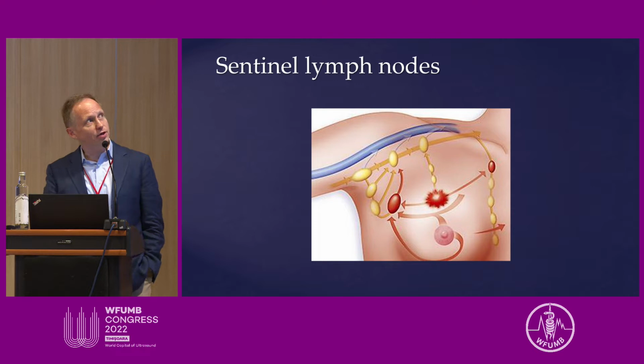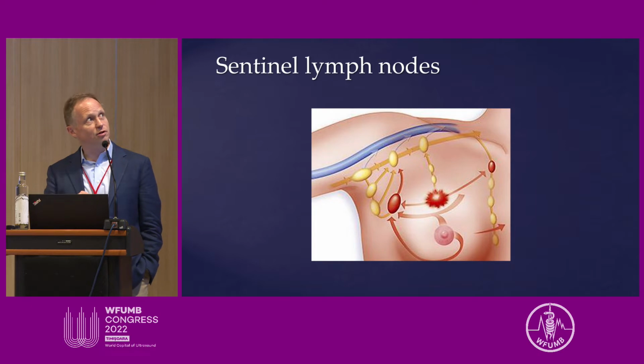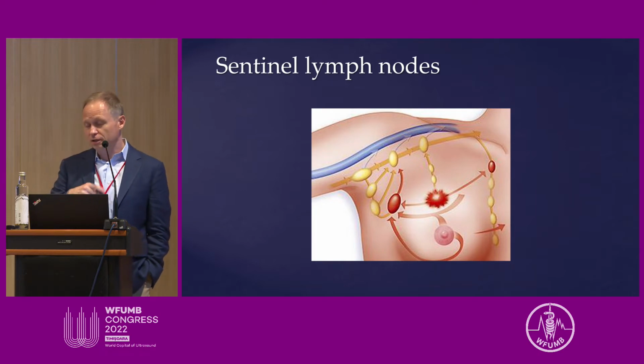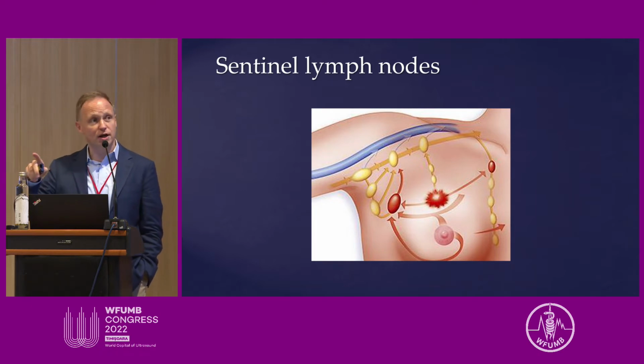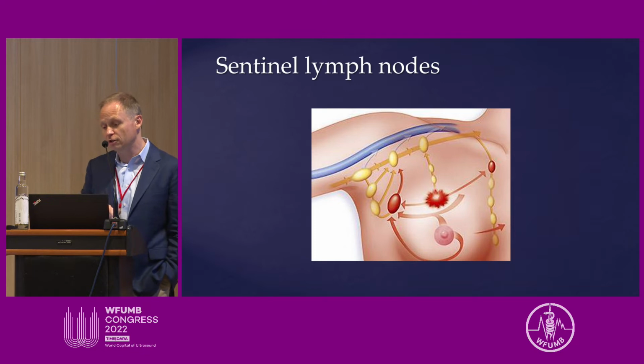We had a couple of patients with tumors in the outer quadrants of the breast, draining into axillary and subclavian lymph nodes, but also sending very long channels across the chest to the contralateral subclavian area and sometimes into internal mammary chain lymph nodes.